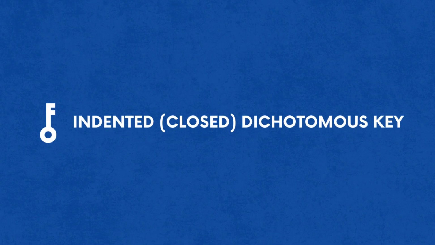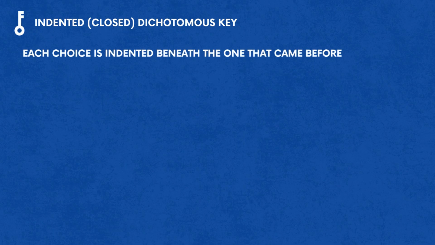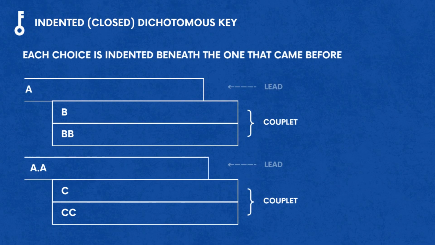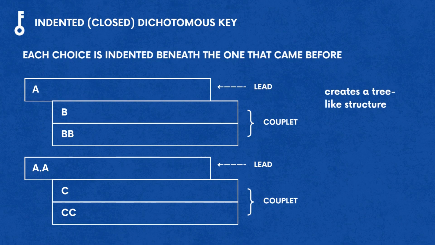The second format of a dichotomous key is the indented or closed key. In this format, each choice is indented beneath the one that came before. This creates a tree-like structure where the pathway is visually clear. Unlike the bracketed key, you don't jump back and forth between numbers. Instead, you simply follow the indentation downward.